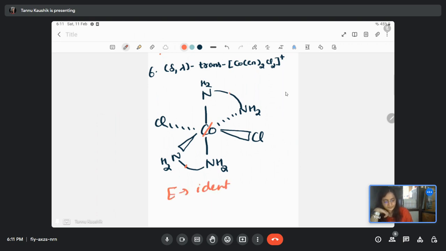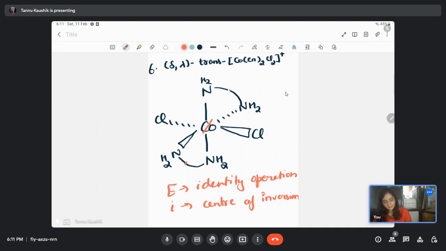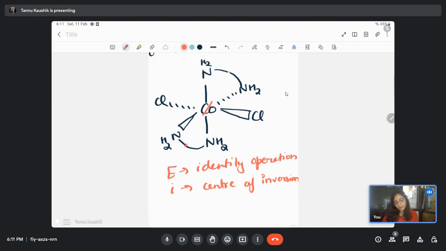We have identity operation, then center of inversion, and do we have a sigma H horizontal plane here?